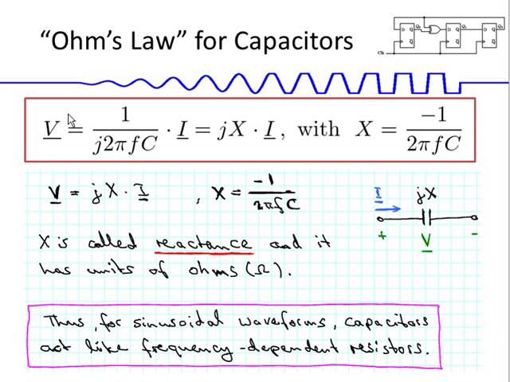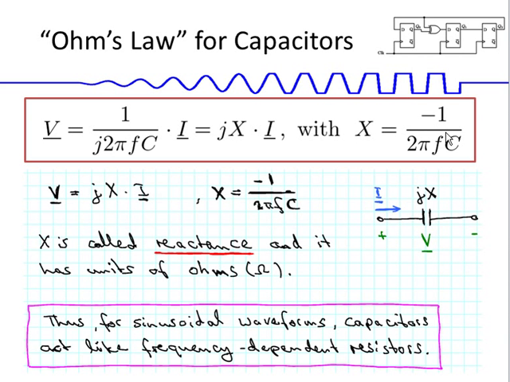So now we can summarize here the Ohm's law for capacitors as being V equal to 1 over j2 pi fC times I, which is written as j times X times I, and the I here and the V are again phasors, and X through this definition here is equal to -1 over 2 pi fC.